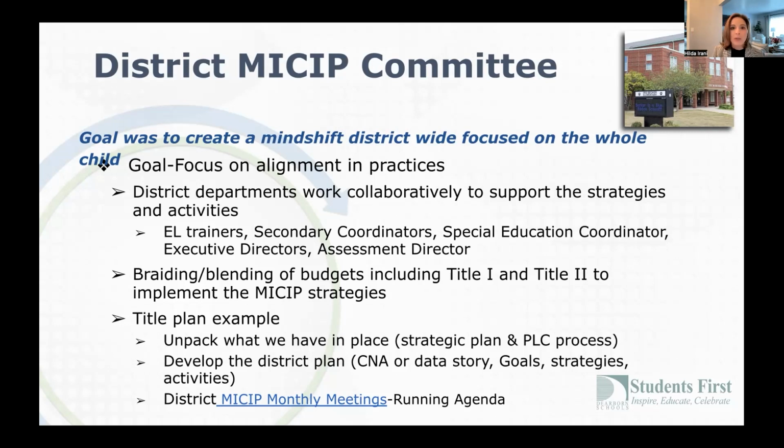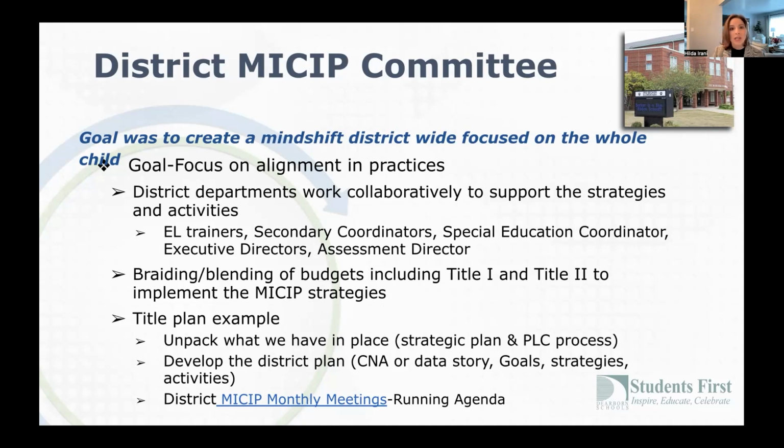And we knew we needed a team at the district level, one that would help guide, discuss, hash out what this is going to look like, and take it back to our schools. And we had always had a district school improvement committee. That was something we felt from the get-go, from years ago, and we met regularly to decide what's working, what's not, how can we support our schools.